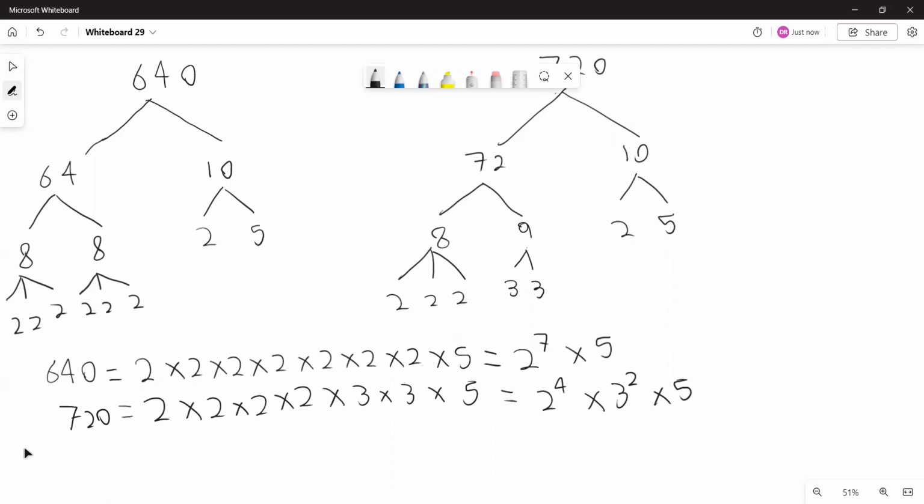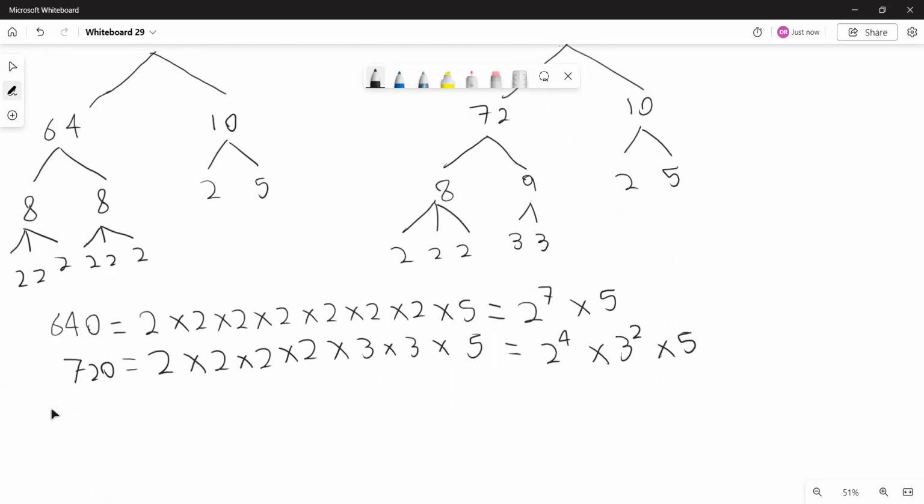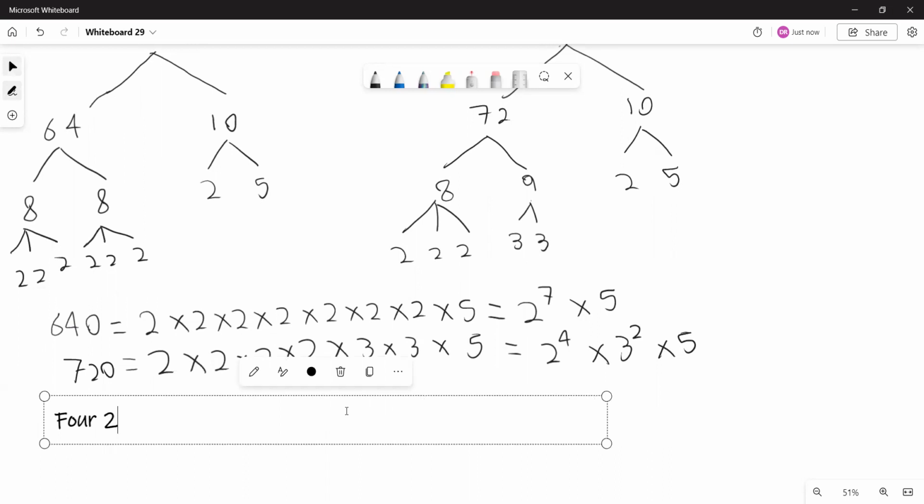So note that 4 twos and 1 5 divide both. The factors in common are those. Four twos and 1 5 divide both.